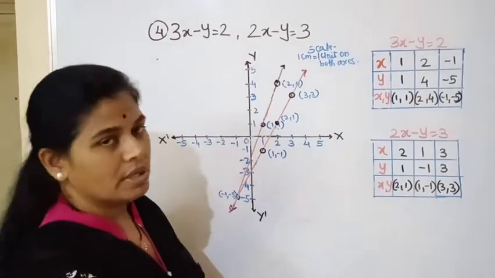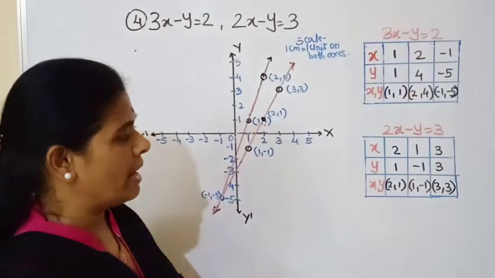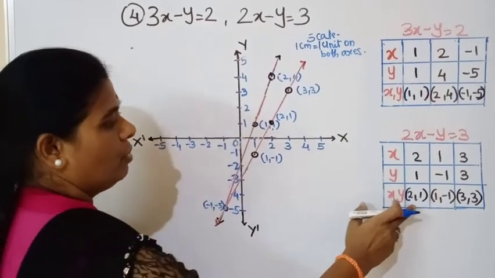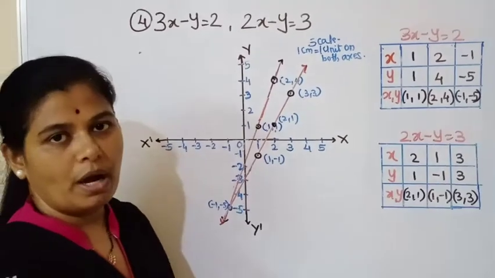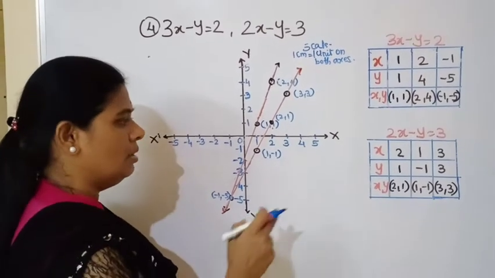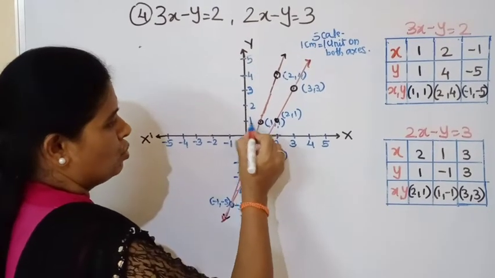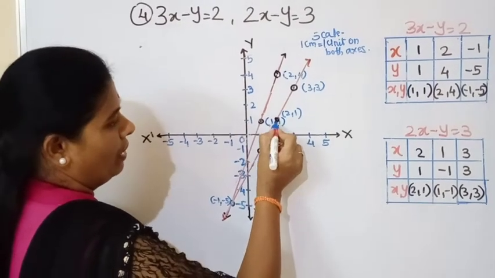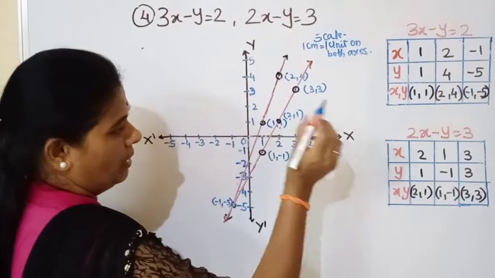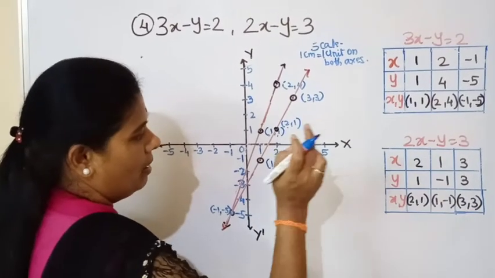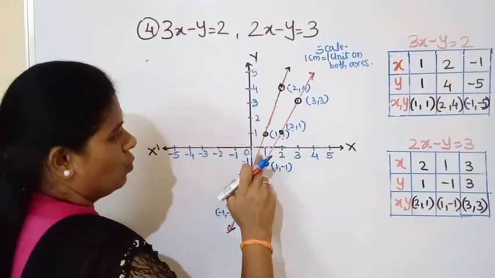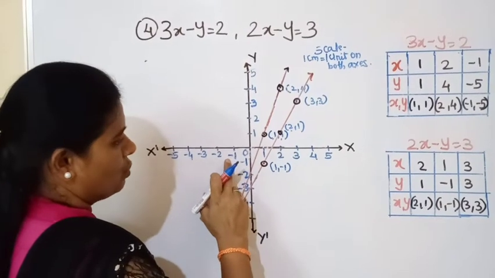Now we will move towards equation number 2, 2x minus y equal to 3. Here our first point is 2, comma 1, x-axis 2 and y-axis 1. So I have plotted this point 2, comma 1. Second point is 1, comma minus 1. x-axis 1 and y-axis minus 1.